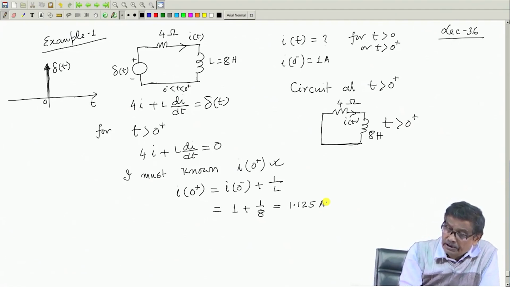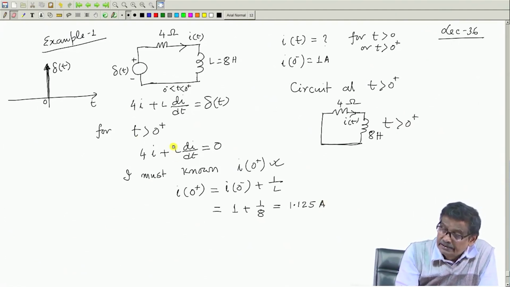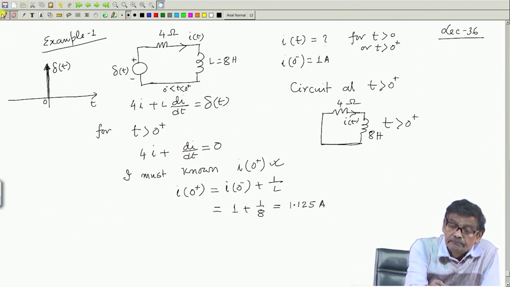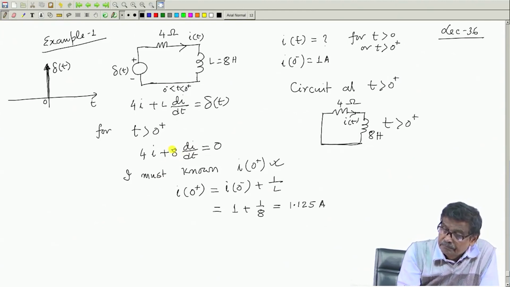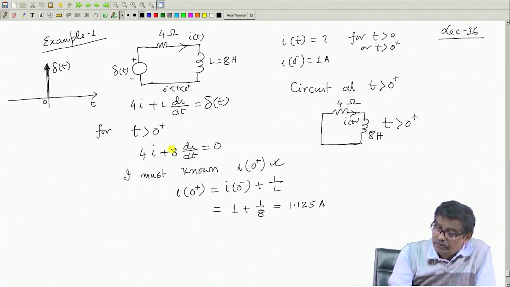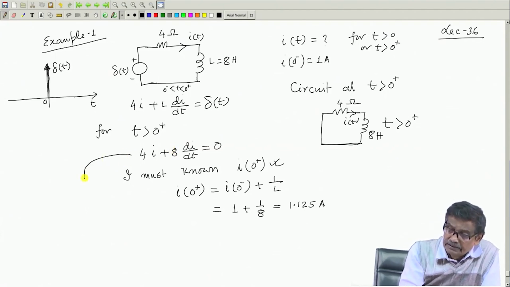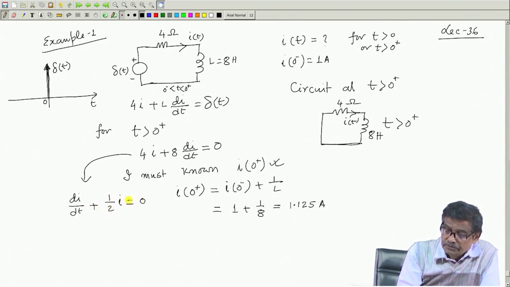Therefore, here is an RL circuit which has an initial current of 1.125 ampere. So, how will it decay? Let me write this as 8 Henry, and then we know how to solve this. This equation is nothing but di dt divided by 8 plus half I is equal to 0.